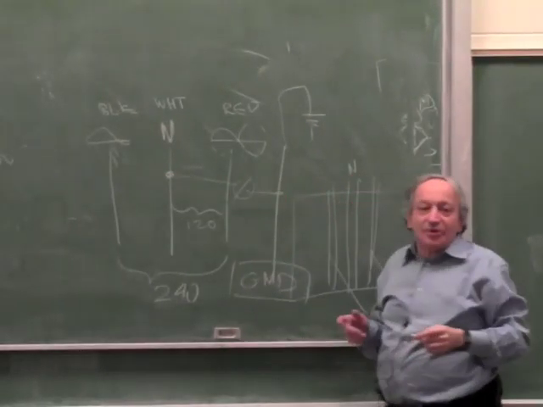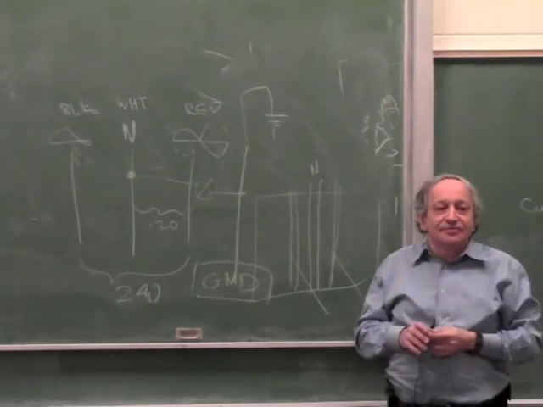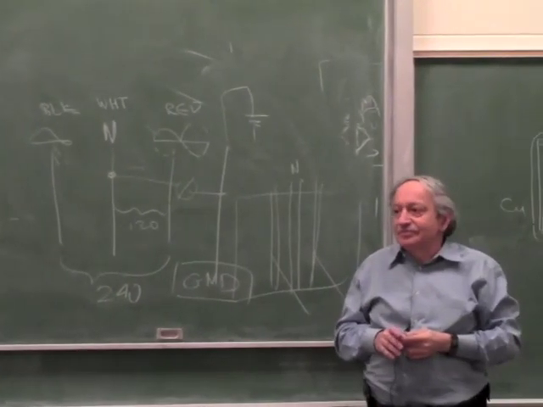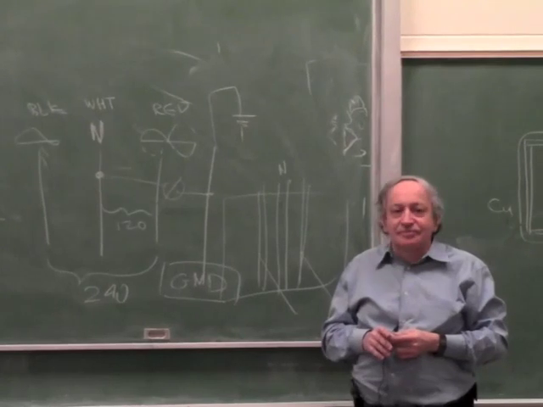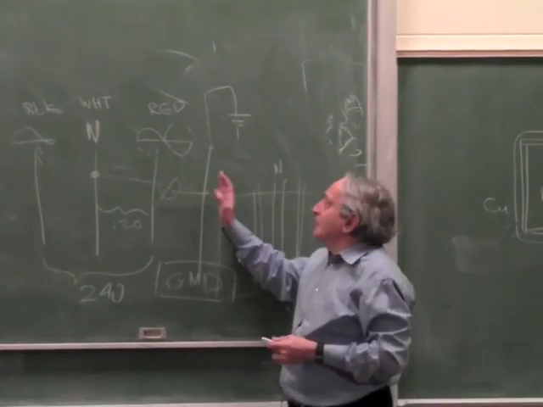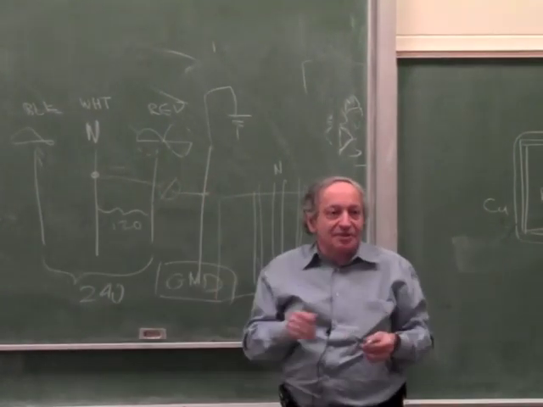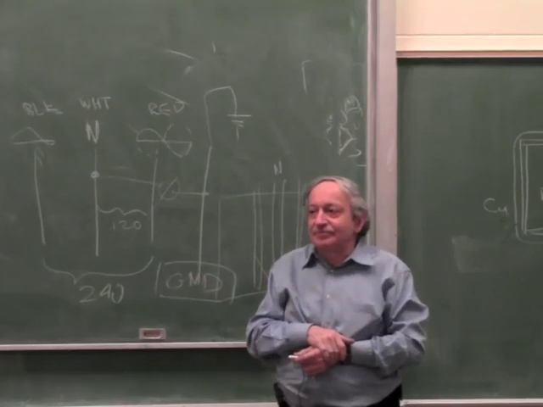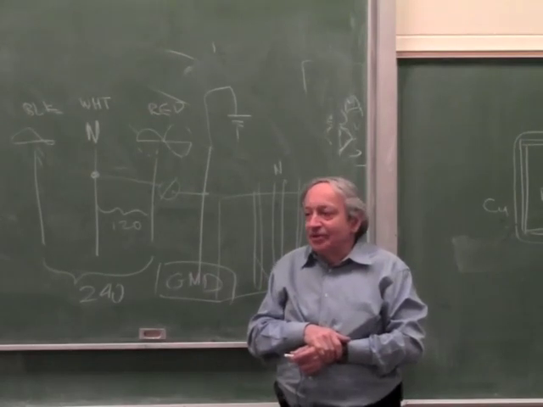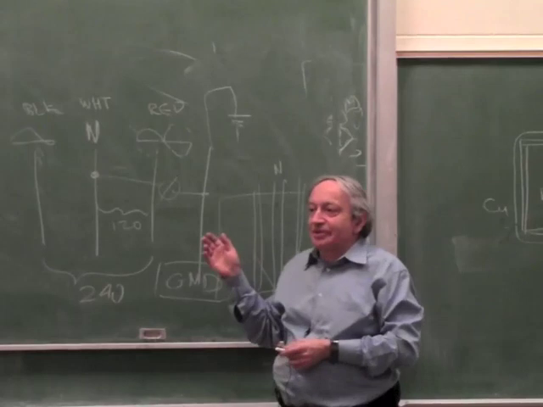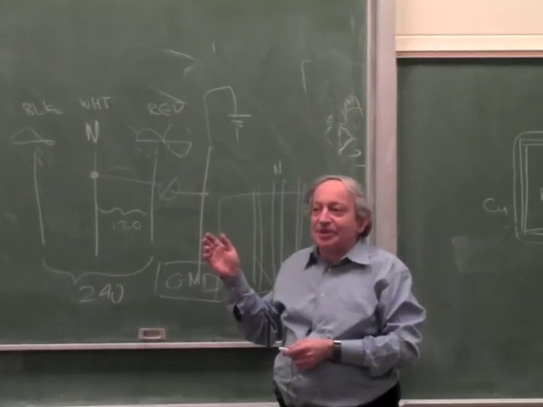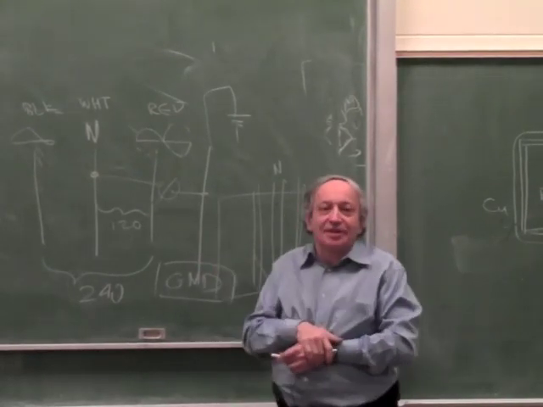What resistance will you get? Is the neutral isolated from the ground or not in a house? Open circuit. Okay, how many people say open circuit? And how many people say short between the neutral and ground?